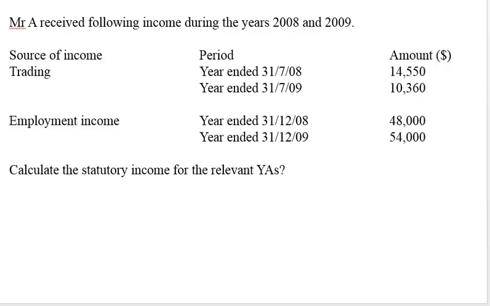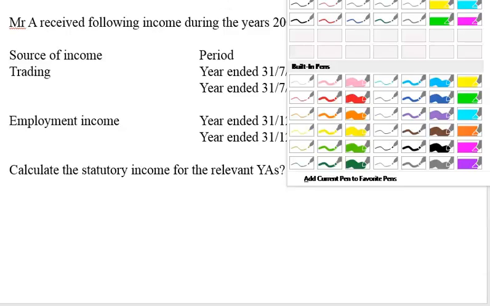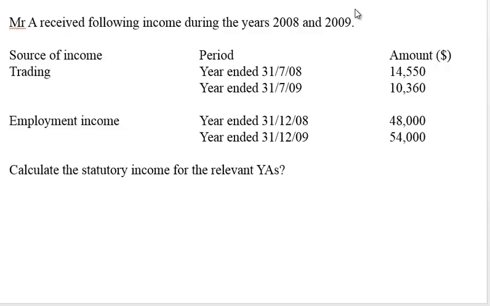So which two years of assessment are we talking about here? Year of assessment 09 and year of assessment 10, because the income is taxed on preceding year basis.